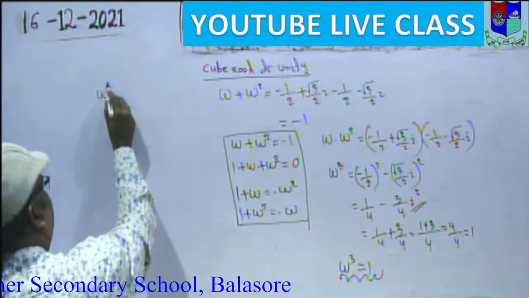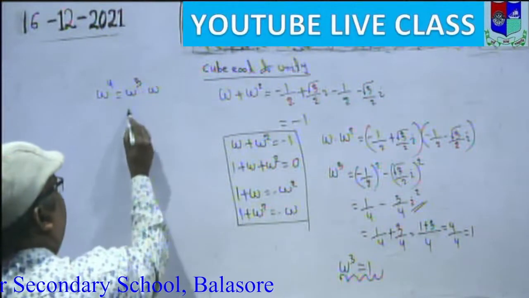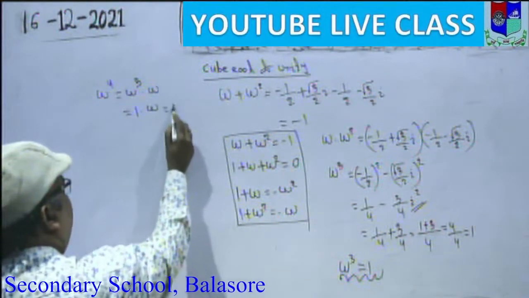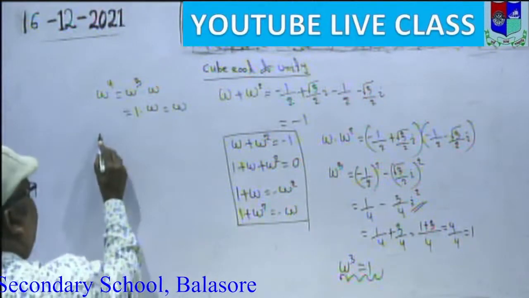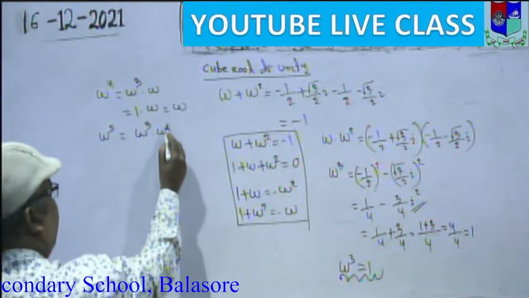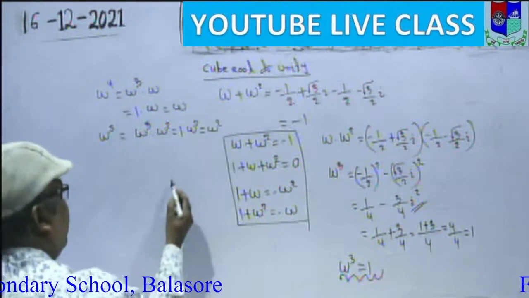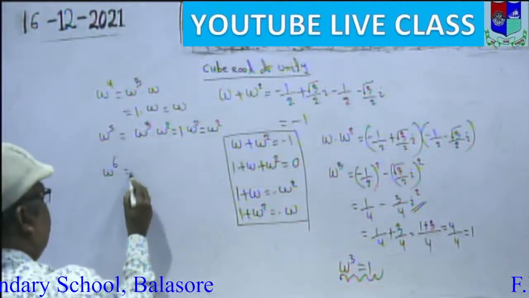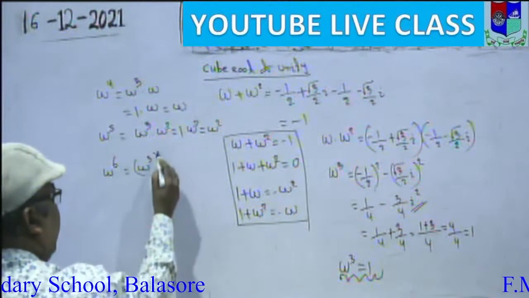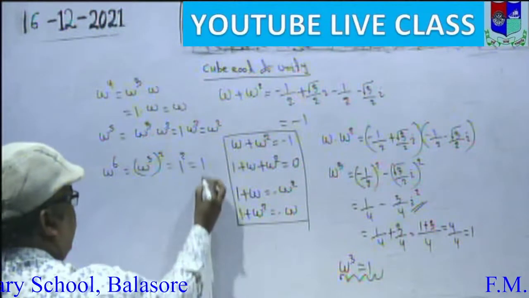First, omega fourth can be written as omega cube into omega, that is 1 into omega, it is omega. Omega fifth is omega cube into omega square, that is 1 into omega square, that is omega square. Omega sixth one can write as omega cube square, that is 1 square, 1.